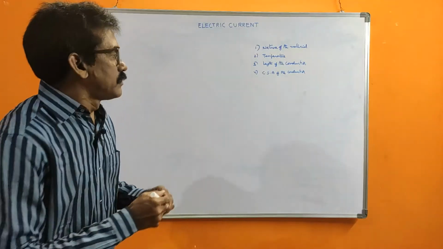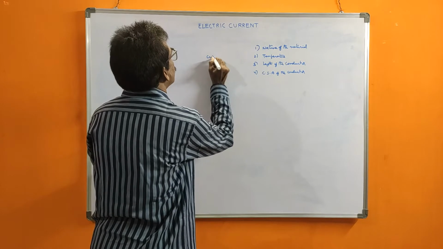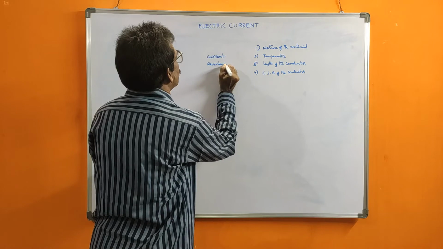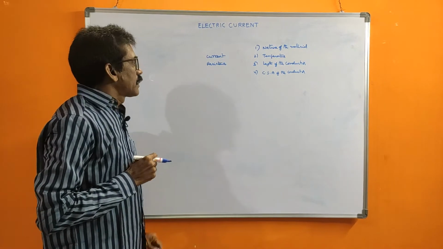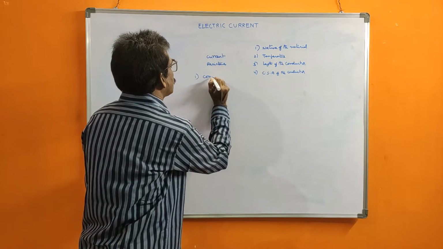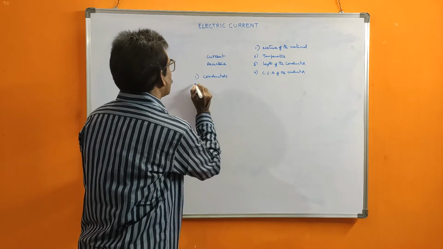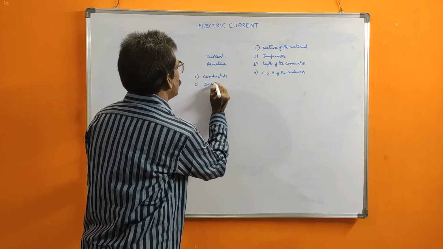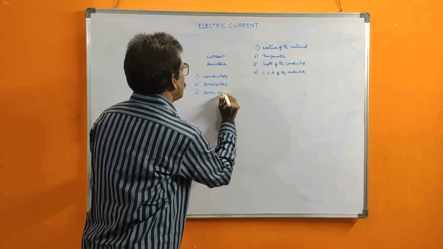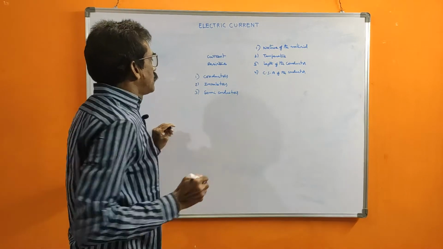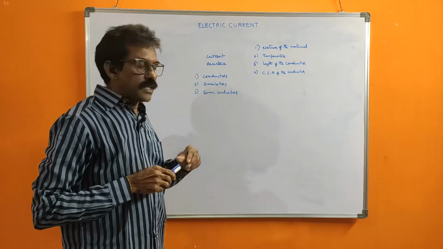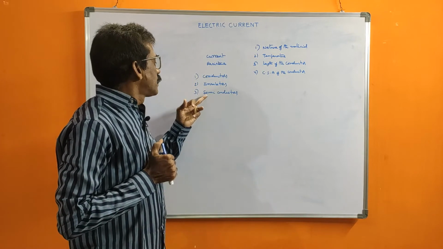Based on the current and resistance, materials are categorized into three types or groups: one, conductors; two, insulators; third, semiconductors.